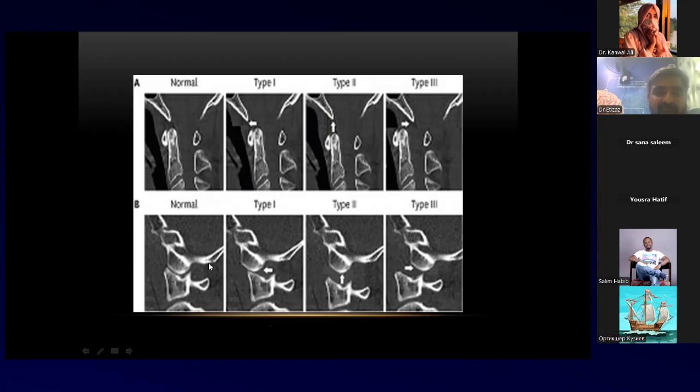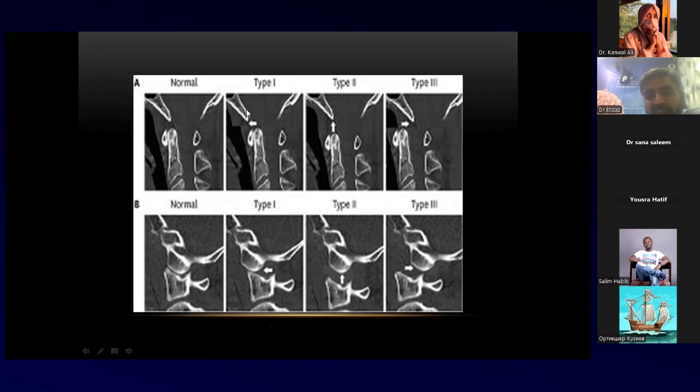Joint means occipitoatlantal joint dislocation is there. So that's why you have to also see that one. This is a normal mid-sagittal picture of the craniovertebral junction, and this is at the level of the joint. This is the occipital bone, condyle, and this is C1, and this is the joint area, that we call the craniovertebral junction, that is our alignment.